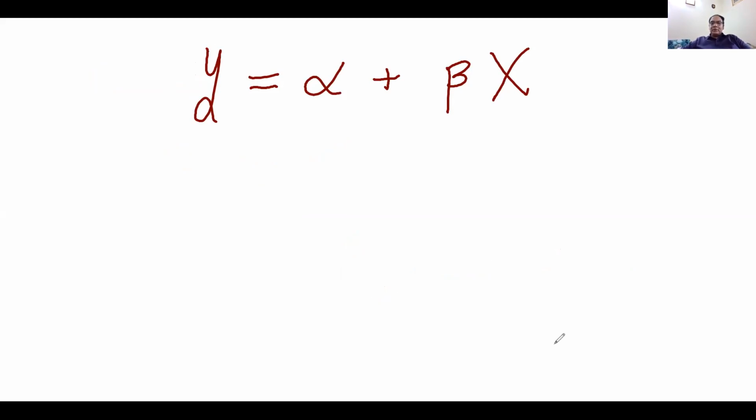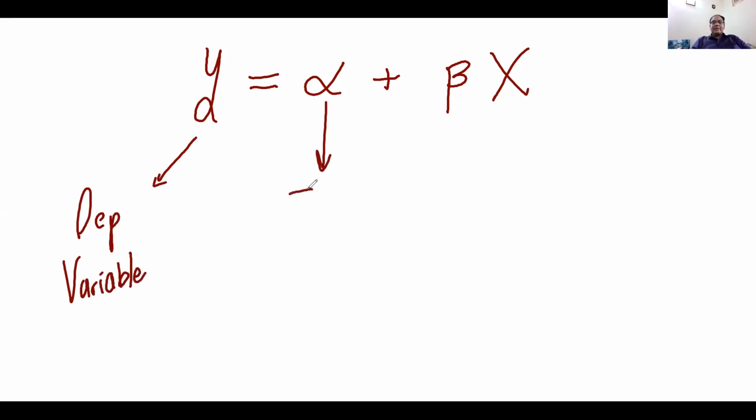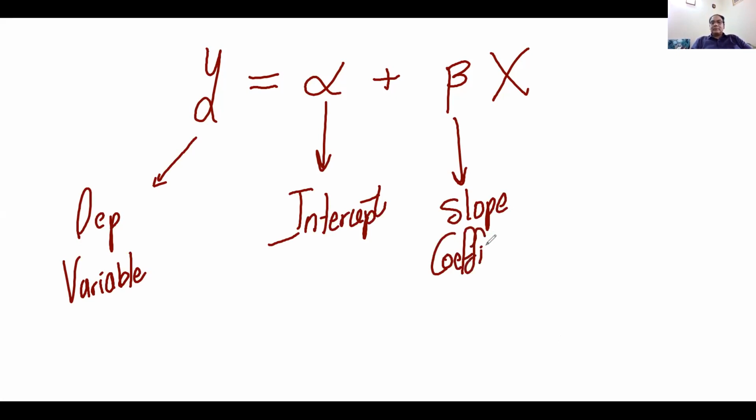Here y is known as the dependent variable, alpha is known as the intercept, beta is known as the slope coefficient, and x is known as the independent variable.